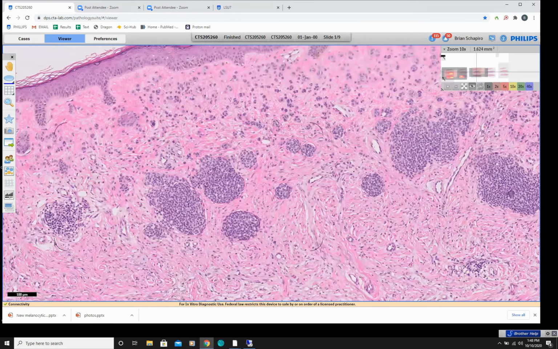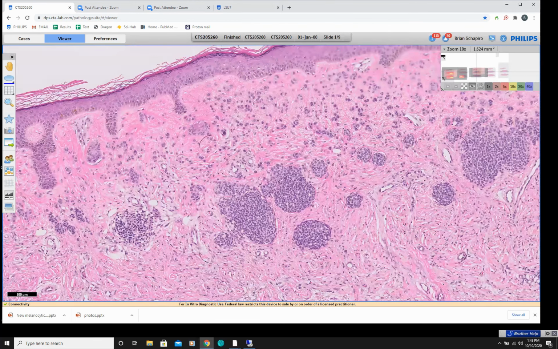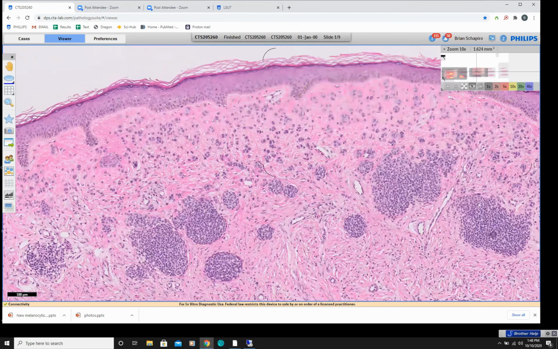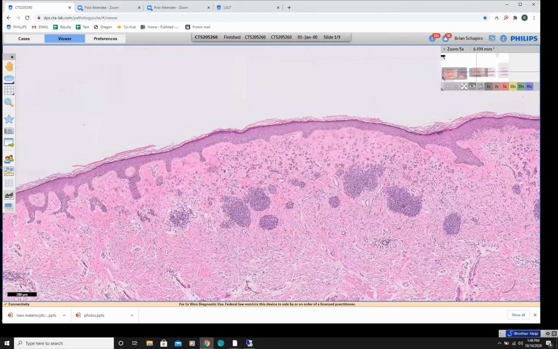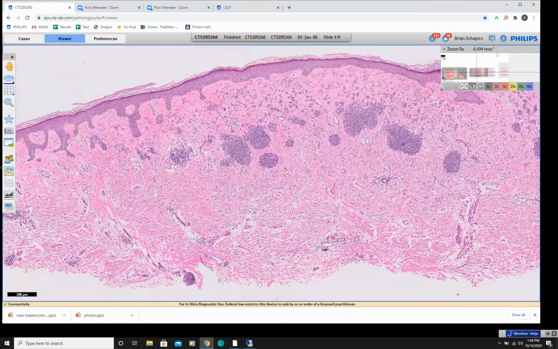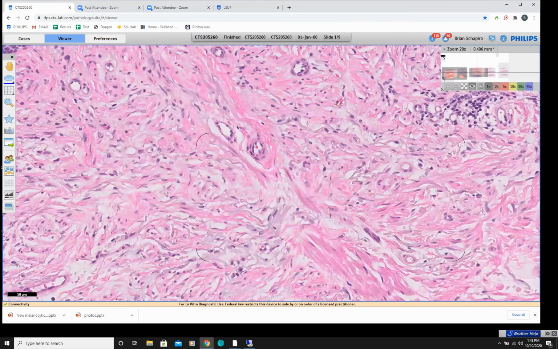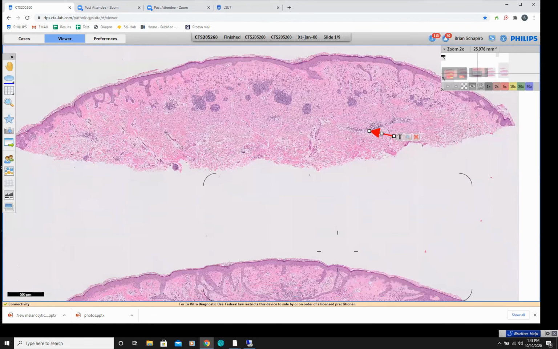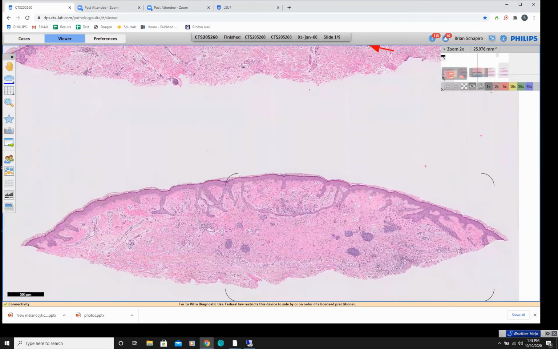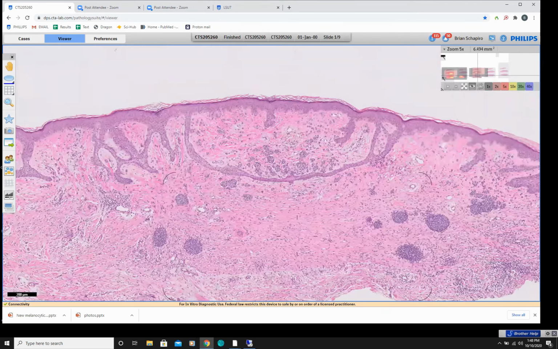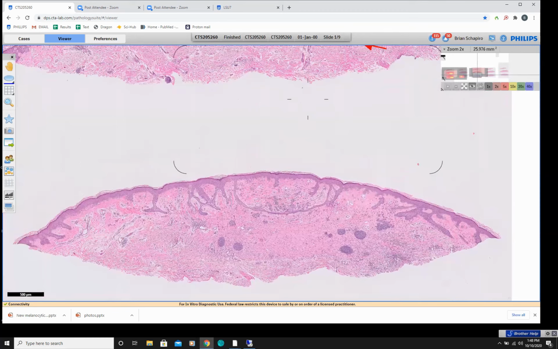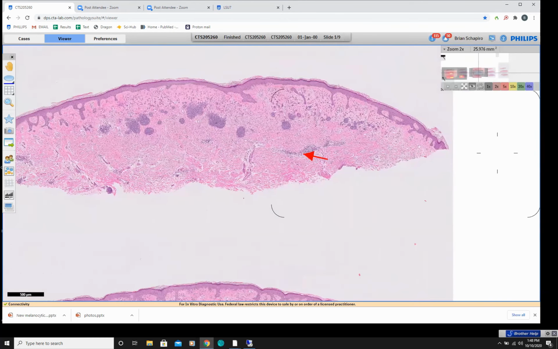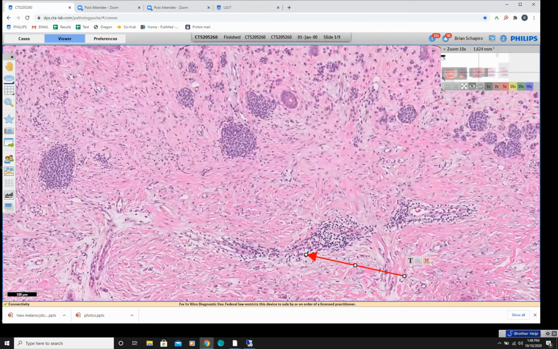Got nests of smallish melanocytes in the upper reticular dermis, pushing up into the papillary dermis, and then a spindle cell proliferation admixed with it. So this was a real puzzler, because could this just be a combined nevus? Or is this a kind of desmoplastic melanoma in an adult patient with a mixed nevocellular pattern?